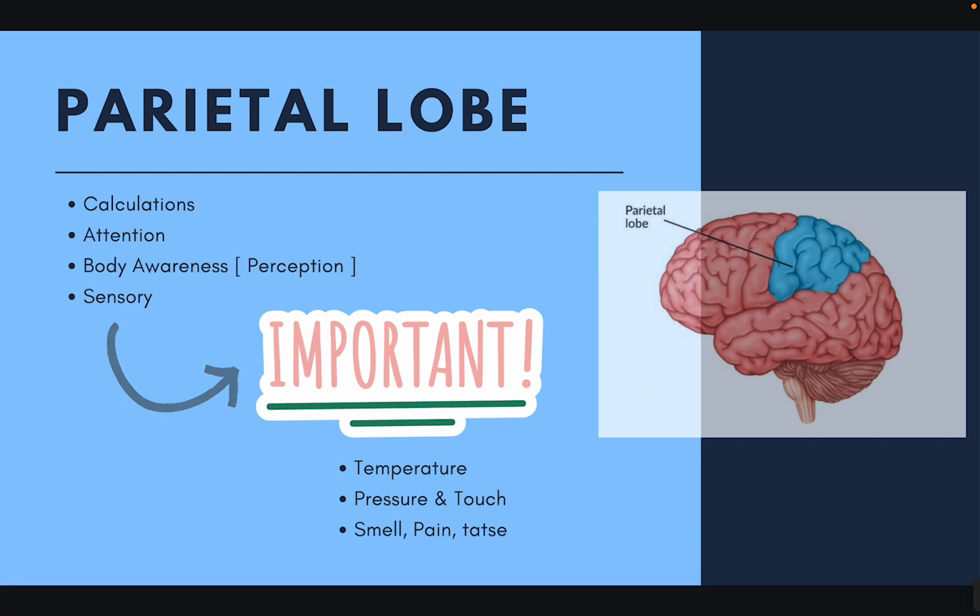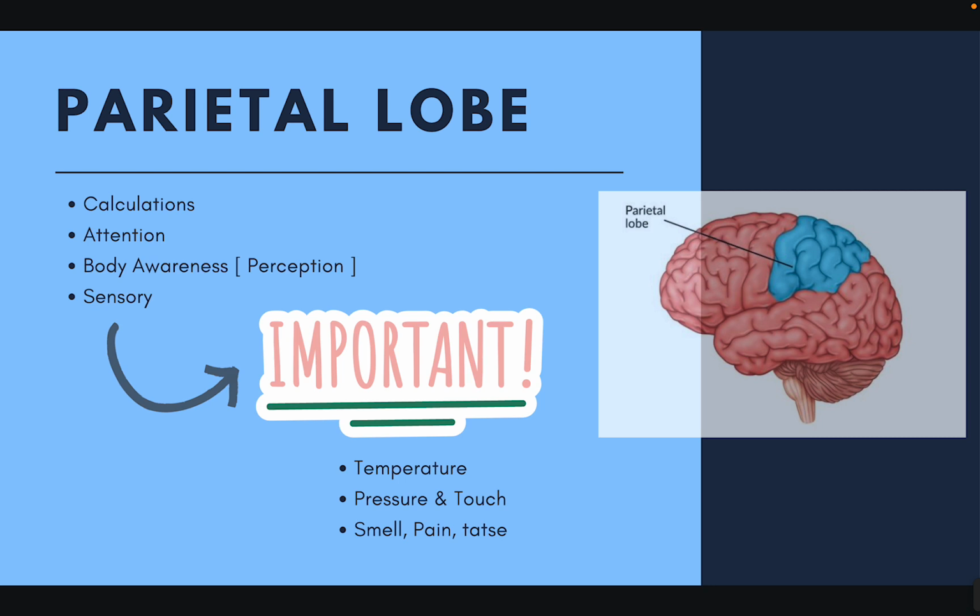This part of the brain is one of the lobes that, when you're learning pediatrics, or if you have a baby and you buy toys with textures and different feels, like fuzzy and soft and rough, this is the lobe that you're basically building up.